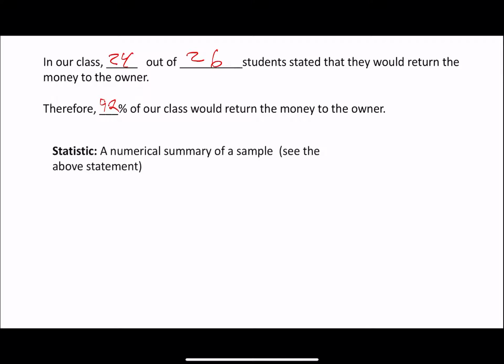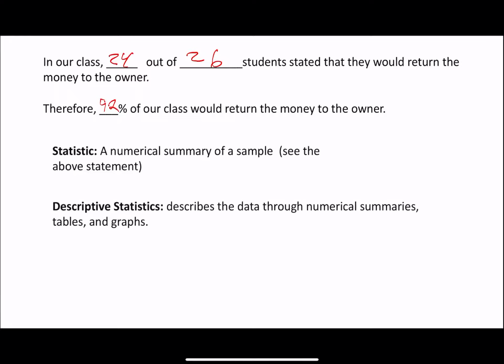It's a numerical summary of the sample. So we just made a summary. We just took the data that we had and summarized what that data was. We didn't make any inferences. We didn't say anything about what we thought about it. So descriptive statistics describes the data through numerical summaries, tables, and graphs. We have that numerical summary. We just described it, and that's that.